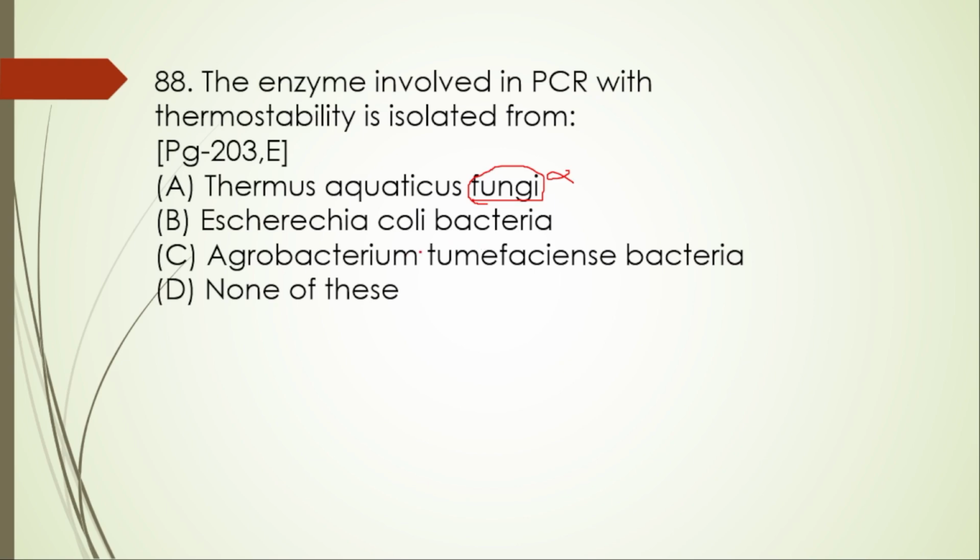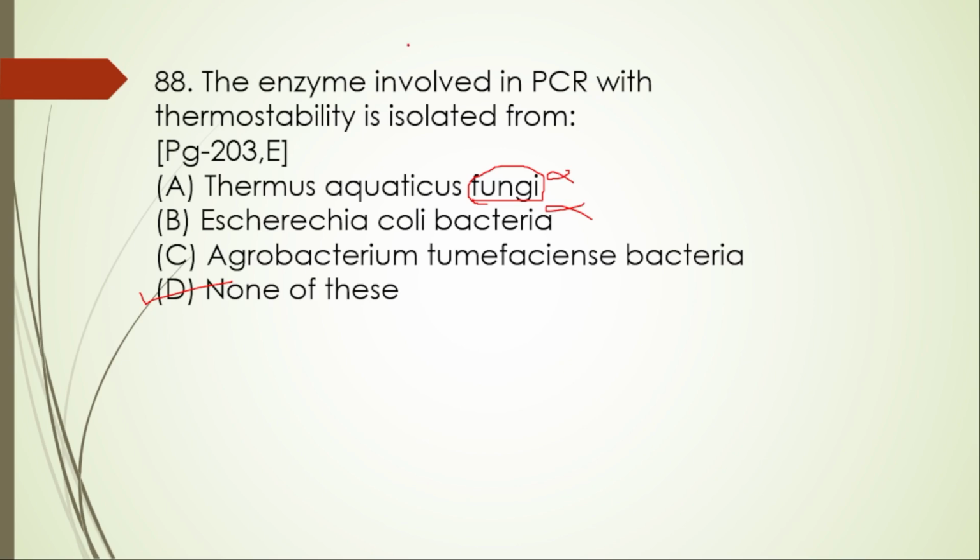But yes, of course, Escherichia coli is a bacterium. It's not a thermostable one, so this one is wrong. Agrobacterium tumefaciens, bacteria. This is used in plant genetic engineering, not as a source for the polymerase enzyme, so none of this.